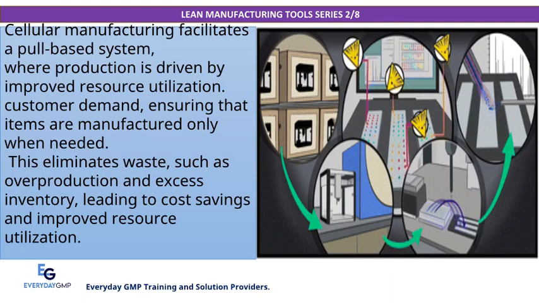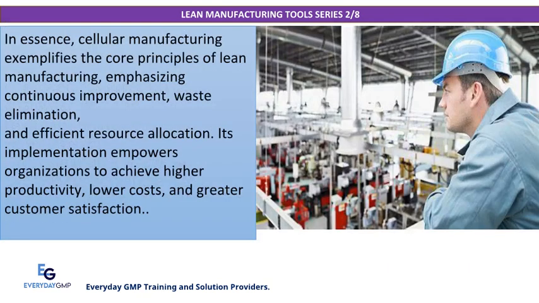This eliminates waste, such as overproduction and excess inventory, leading to cost savings and improved resource utilization. In essence, cellular manufacturing exemplifies the core principles of lean manufacturing, emphasizing continuous improvement, waste elimination, and efficient resource allocation. Its implementation empowers organizations to achieve higher productivity, lower costs, and greater customer satisfaction.